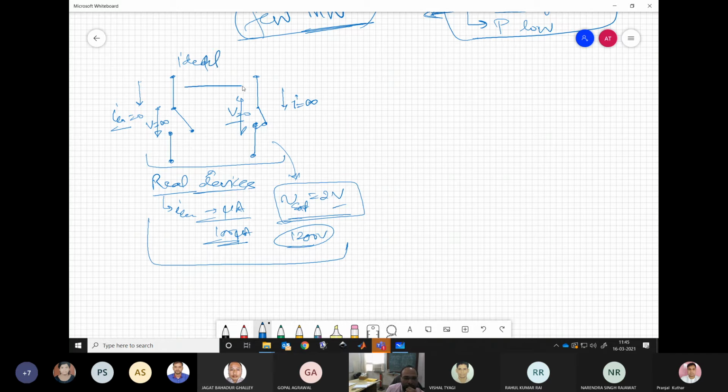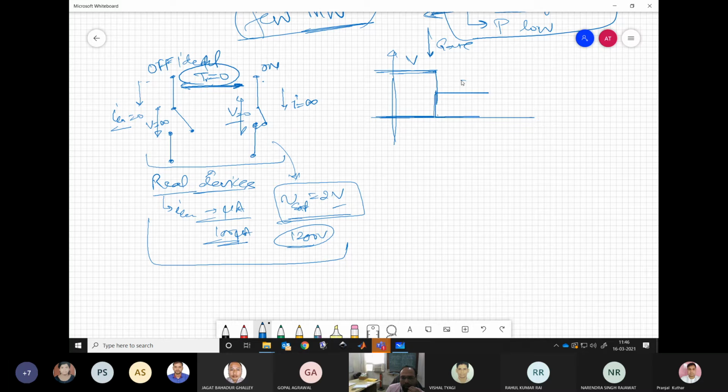Now another property these ideal devices have is that the transition between off and on state, or on to off state, takes zero time. Which means if we have an ideal device and at some instant it is off, this is the voltage across it and the current is 0, then if at this moment we give the gate voltage, the voltage will immediately fall to 0 and the current will rise to the rated value.